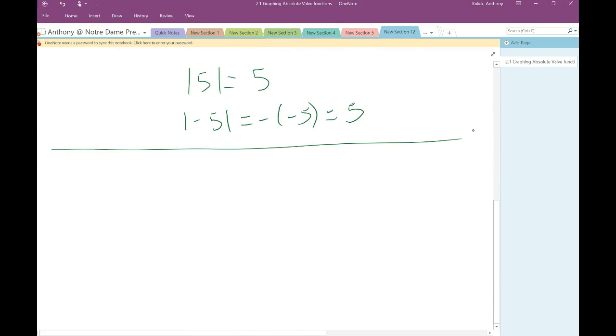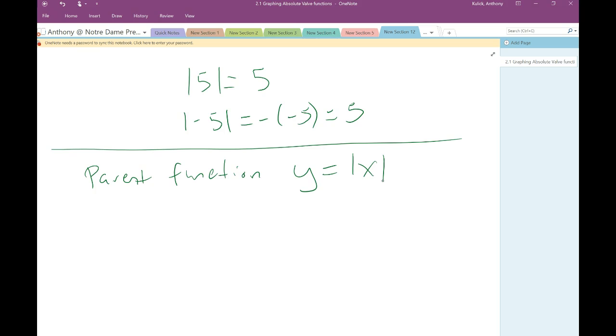This section, though, is about graphing absolute value functions. So before we talked about families of functions and parent functions, well, the set of all absolute value functions form a family of functions where y equals the absolute value of x is the parent function.